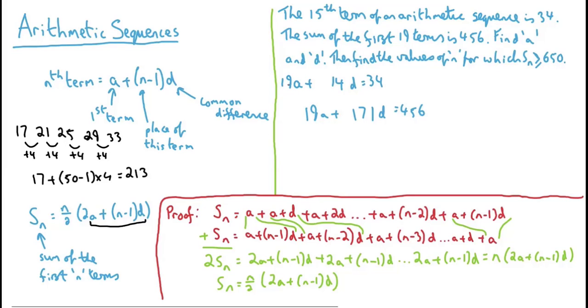So we times by 19, but if you times one thing by a value, you have to times everything by that value. So 14 gets times by your 19 as well, to give you now 266d, and 34 is times by the 19 to give you 646.